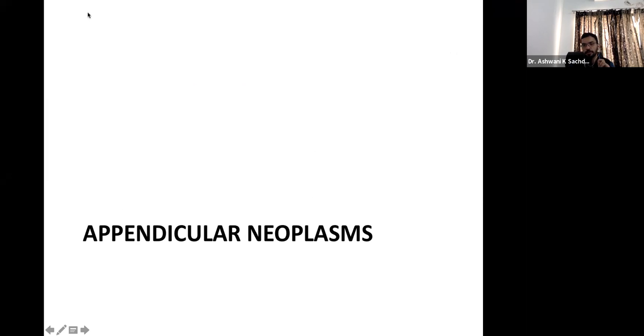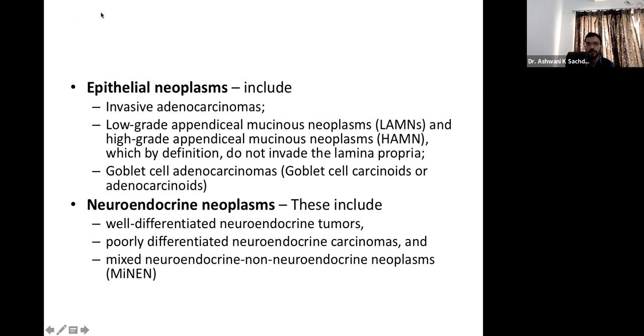Lastly, we'll be coming on to appendiceal neoplasms. This is the last topic for today's class. Appendiceal neoplasms can be classified into epithelial neoplasms or neuroendocrine neoplasms. Epithelial neoplasms can be invasive adenocarcinomas, low-grade appendiceal mucinous neoplasms, high-grade appendiceal mucinous neoplasms, and goblet cell adenocarcinomas.